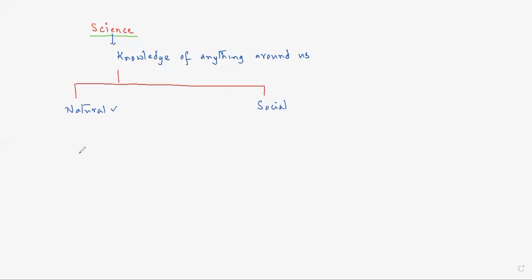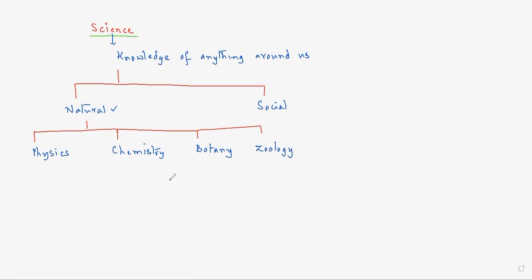Natural sciences include physics, chemistry, botany, and zoology. Of course, botany and zoology are known as biology, right?